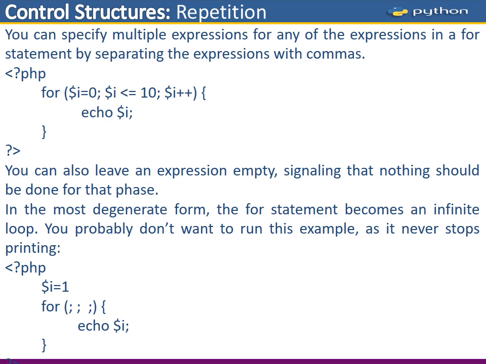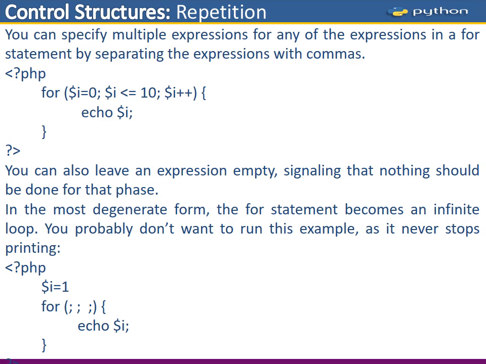The last one is $i++, which is the increment. $i is incremented by 1 after each iteration, so it goes 1, 2, and so on until it reaches 10. The output is echo $i.